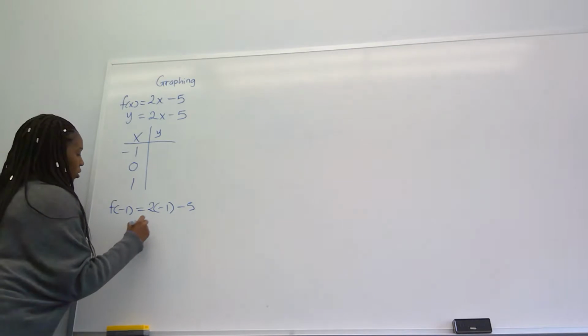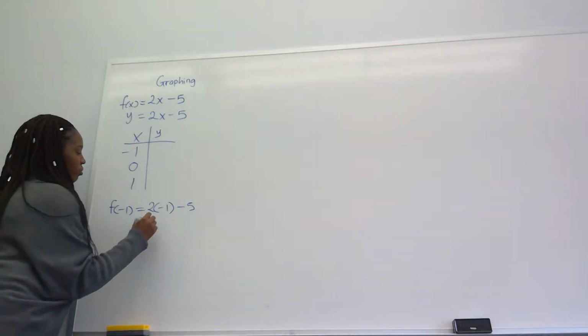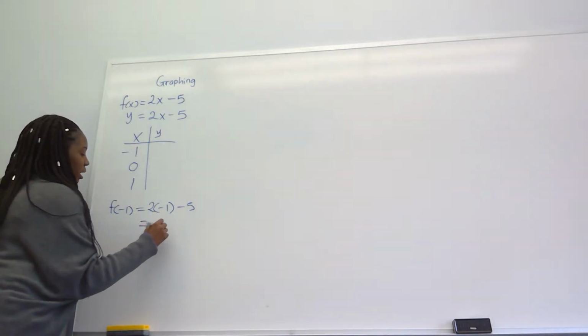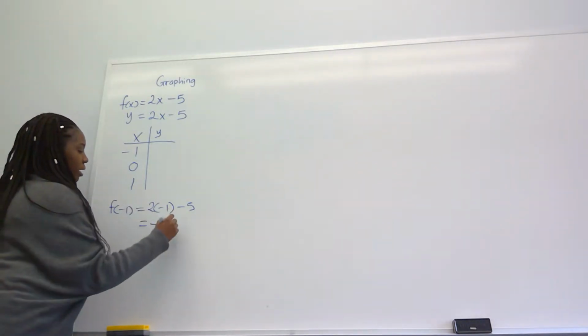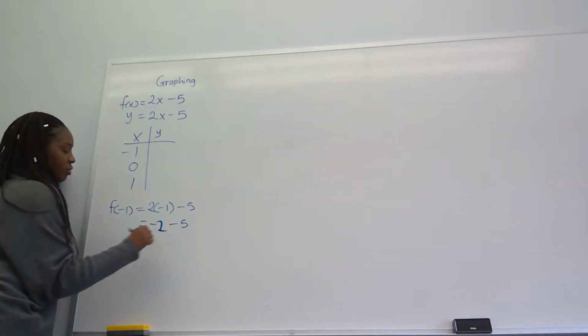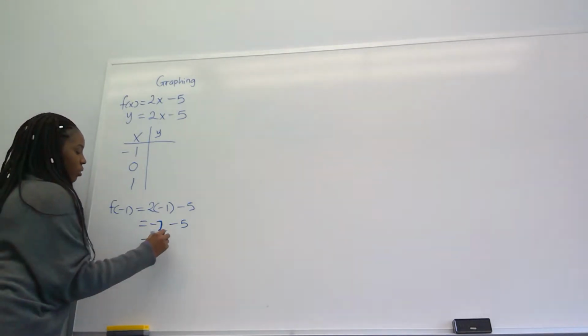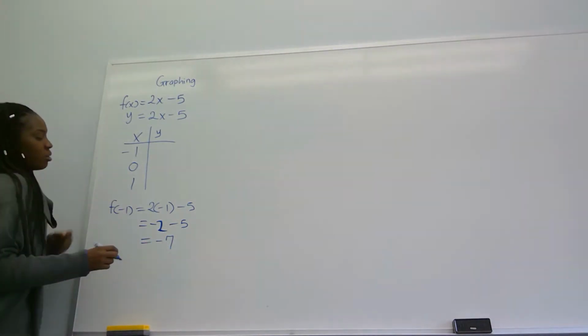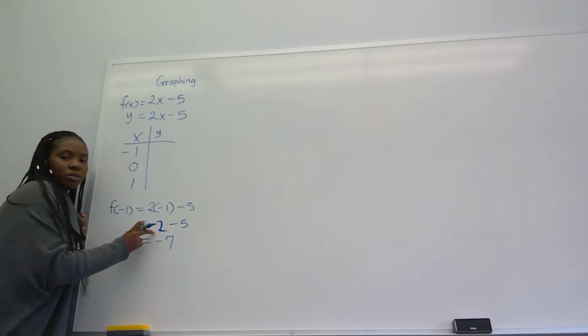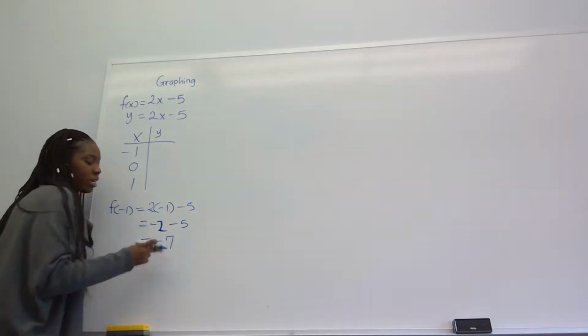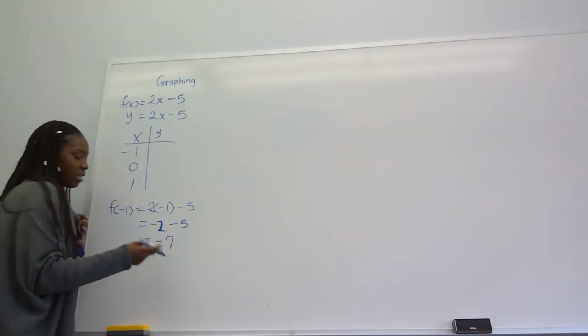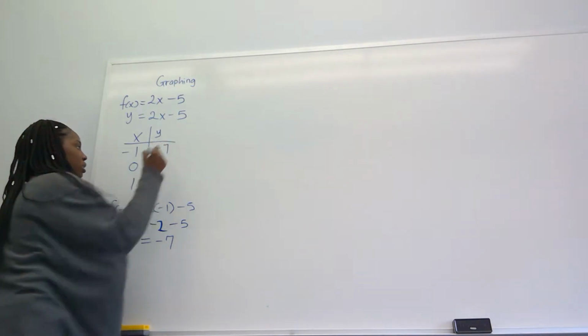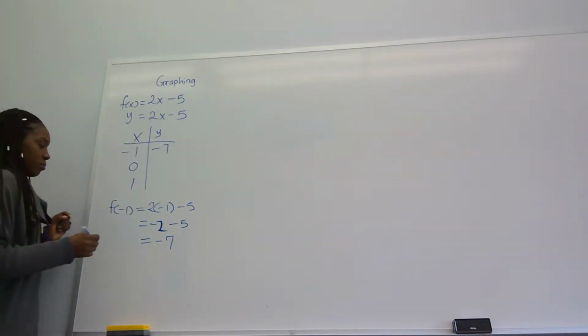So that's going to equal 2 times -1, which gives me -2, and then minus 5. -2 minus 5 gives -7, because if you owe 2 and you borrow 5, you're still in the negative. So that's going to be a -7.